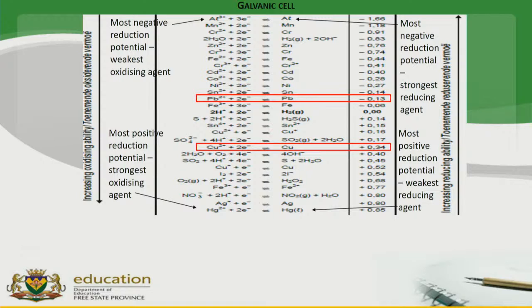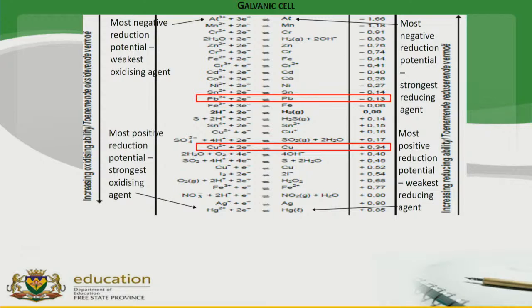Some candidates would say a certain substance is a strong reducing agent, and then again say the same element is a strong oxidizing agent. An oxidizing agent cannot be a reducing agent. A reducing agent cannot be an oxidizing agent. These are two different elements or two different substances.